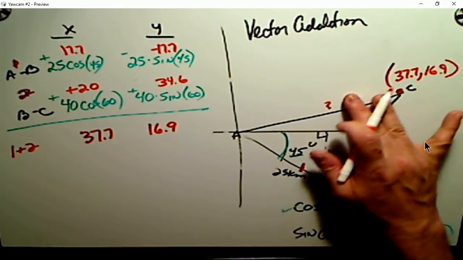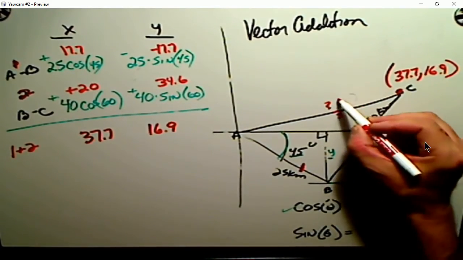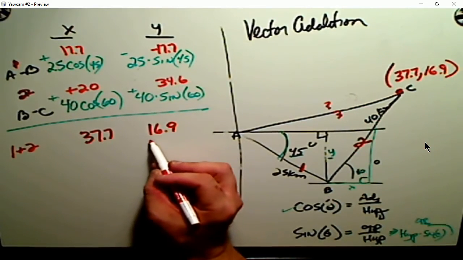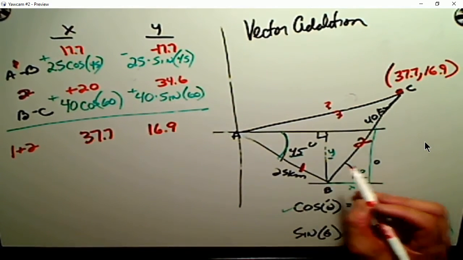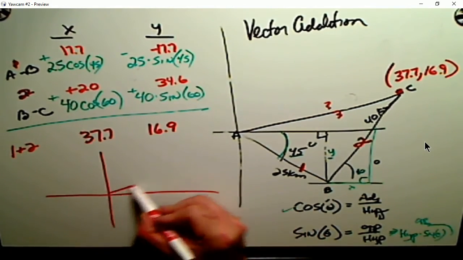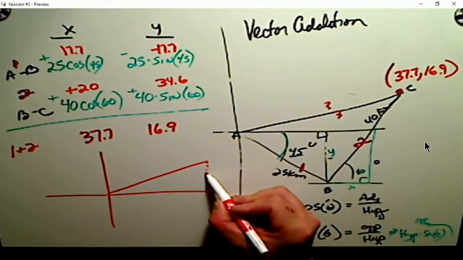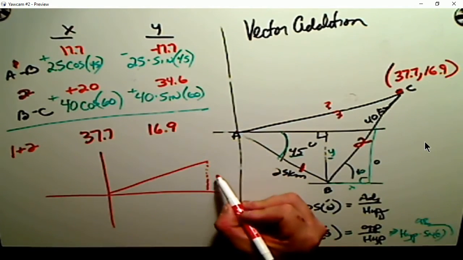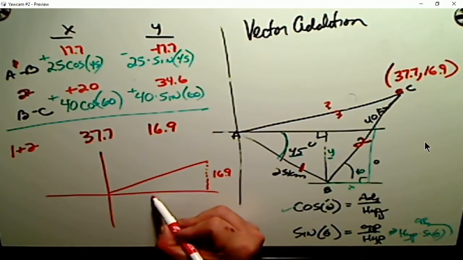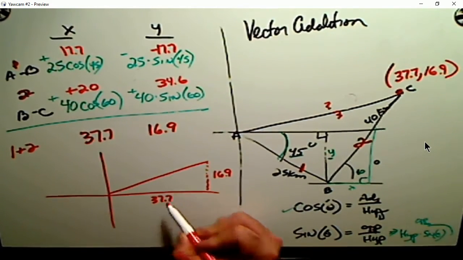So we don't know its magnitude and direction yet, but we can get that because we know, if I were to draw this even separately, that its y is 16.9 and its x is 37.7.